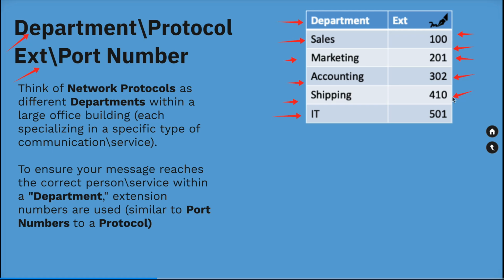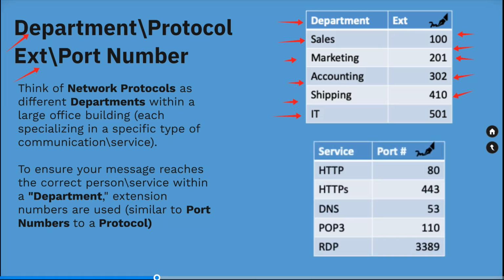If you call the operator, you could ask for the sales department or the extension, and you get the same service. That is no different than how a protocol works. Notice I wrote down that this is a service; services and protocols are utilized interchangeably. So once again, we have the different protocols and their default port numbers, almost identical to how the department extensions work between the services and the port numbers.